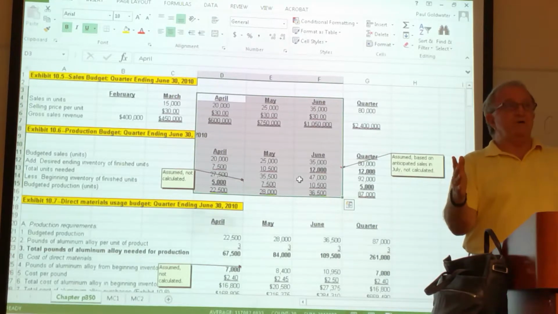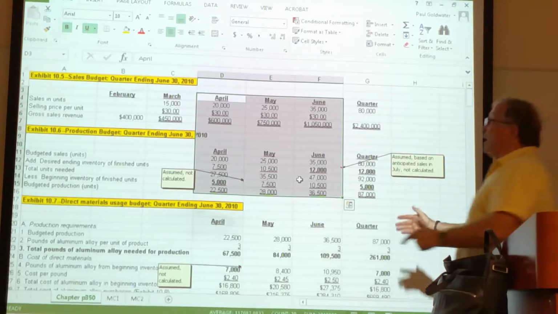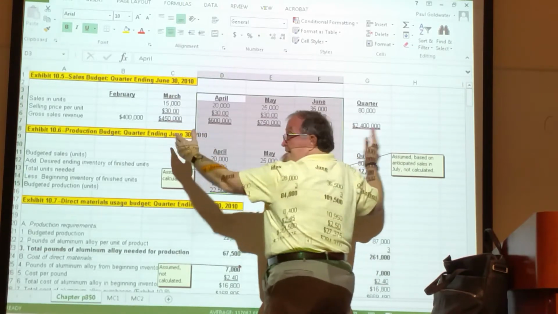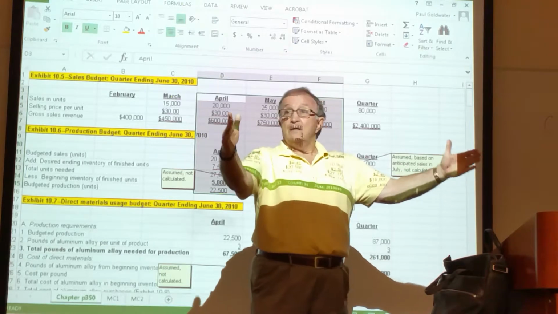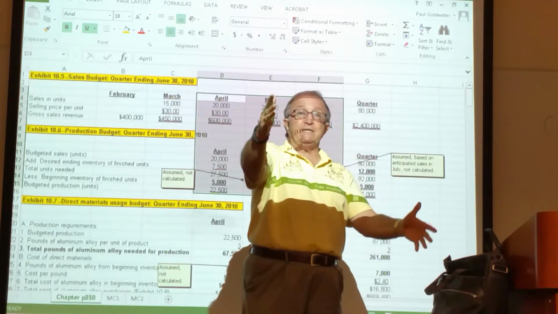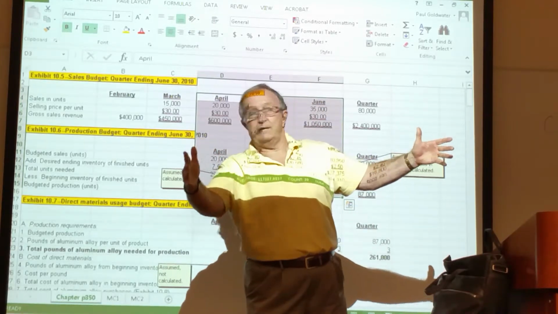What is the typical period of time for a budget? 12 months. And you say, well, why didn't they put 12 months in the book? Well, try to imagine if they had to put 12 columns, they wouldn't have gotten it on the page. And if they had flipped it landscape, that chapter would have been 3 times longer.